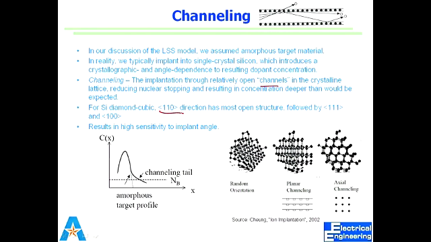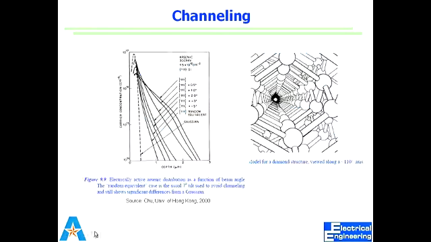So now, okay, we have seen the LSS model, now we are looking at non-idealities. What are the things that are actually different in application? So for different orientations, we see, these are not orientations, these are the angles, the beam angle. Generally, we take it as a standard, but if you are very concerned about how deep your profile should be or how well confined it should be, we define our beam angle.